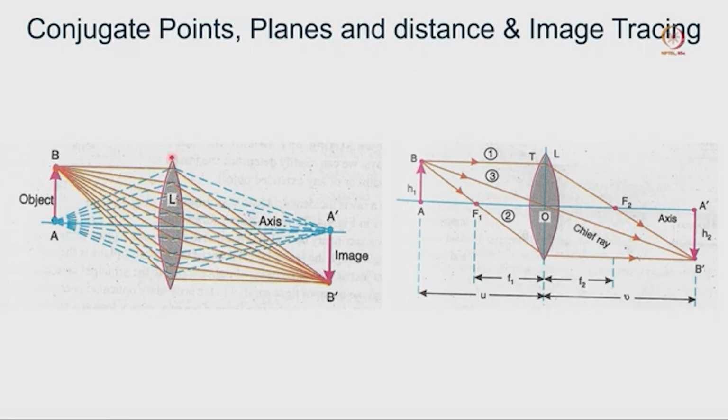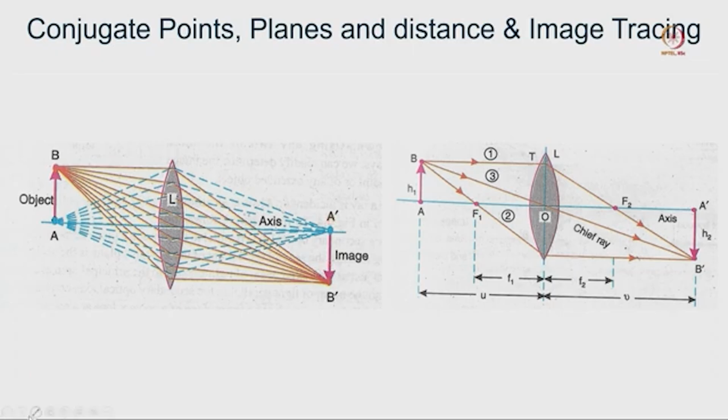This is a lens system where all the rays are converged in one particular point. So if this is a point A, it is forming A prime, and the same thing is happening from B. From all directions rays are coming and converge in one particular point, B prime.